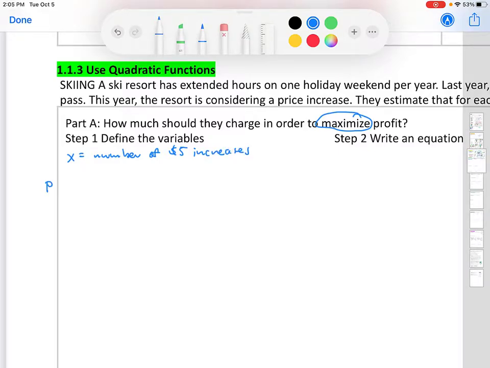And then the function we're creating, this will represent the total amount of money generated. And remember, if you're ever getting intimidated by the function notation, just change that to a y. It's really just x's and y's.